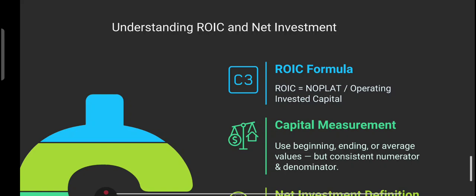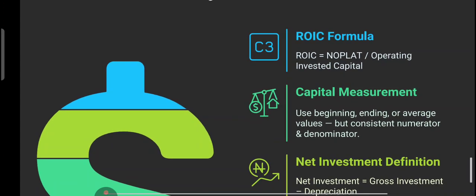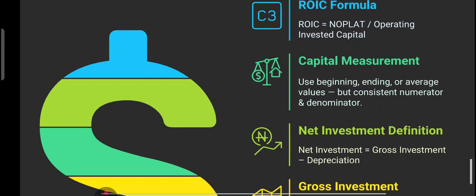Just write it in the denominator and you will get ROIC. So it measures how much profit a company generates for every dollar invested in its operation. Every dollar we have invested in the operation, how much profit the company generates, that is called ROIC.